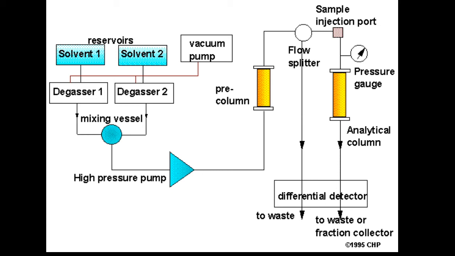Here three types of pressure pumps are available: first, reciprocating pump; second, displacement pump; third, pneumatic pump. Which type of pump we use totally depends on what type of pressure we require, what type of solvent we are using as a mobile phase, and what type of compound we are separating. By considering all these factors, we choose the pressure pump.